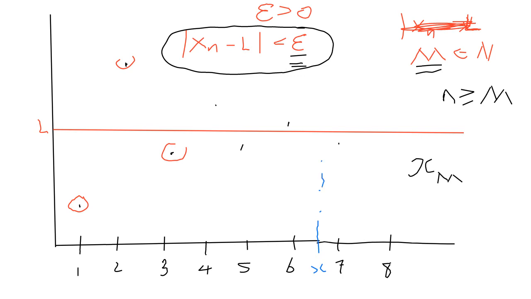Anyway. Now, if you're going to reduce the distance over here, so down here will be L minus epsilon, and up here will be L plus epsilon.